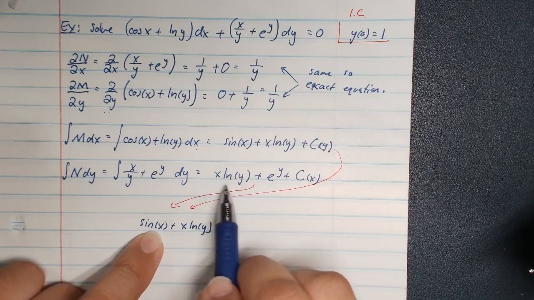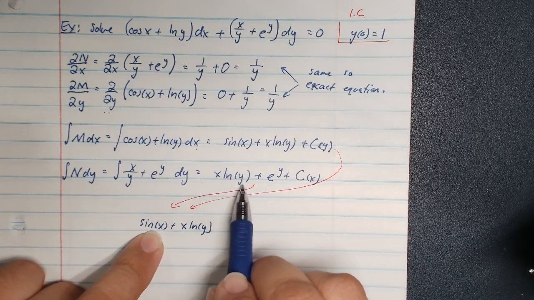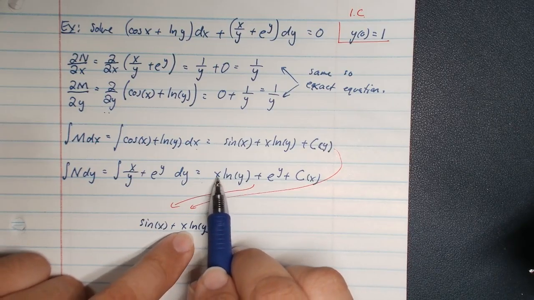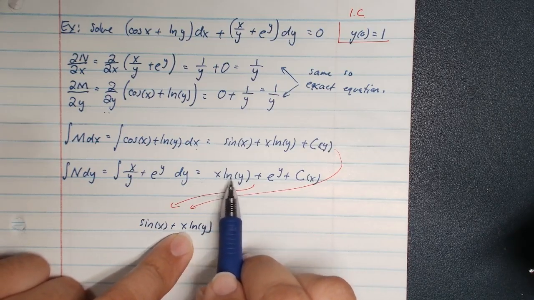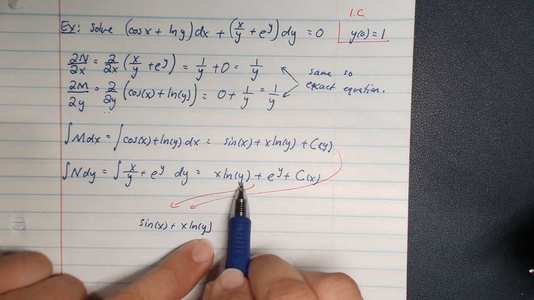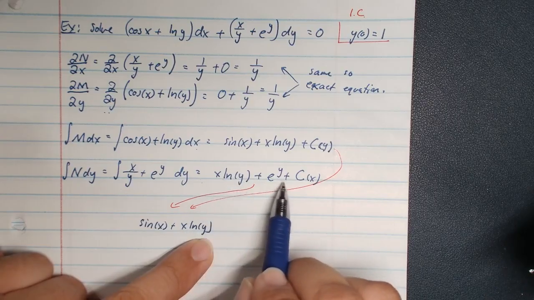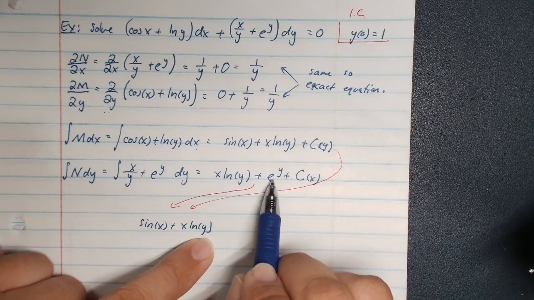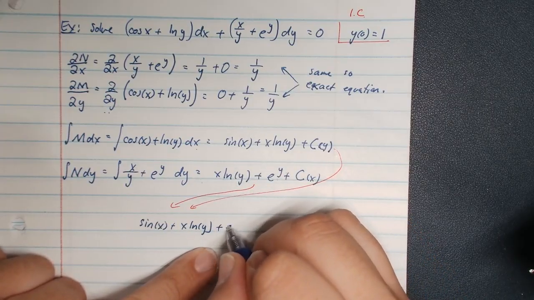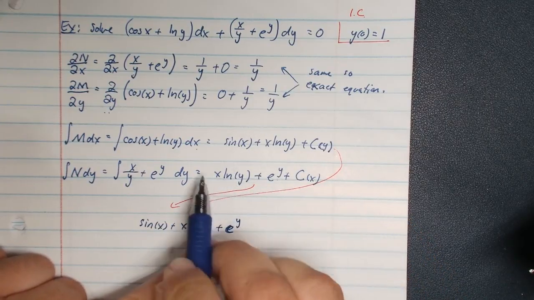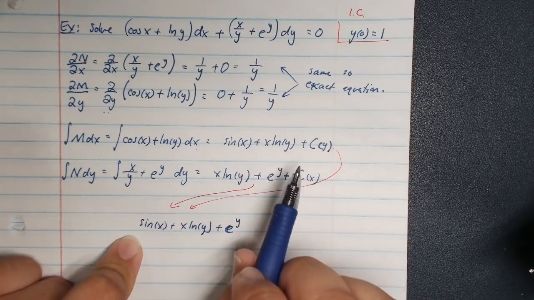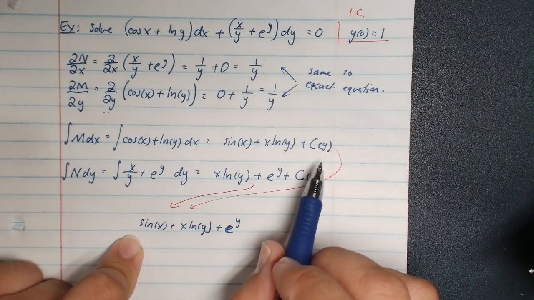This one provides me an xy as a term in my result. Sorry, xy, I don't know why I said y squared. X natural log y. Well, I already have one of those, so don't write it down again. Over here, I've got an e to the y. I don't have one of those, so go ahead and put that in. And that's it. So this now covers all of my terms of my result.